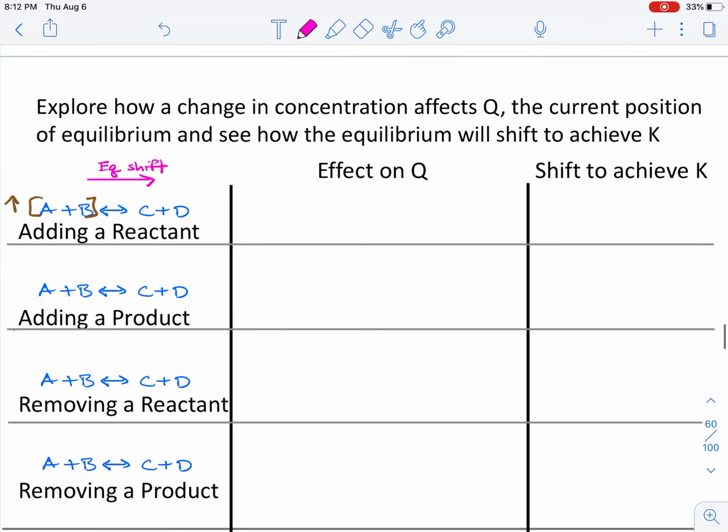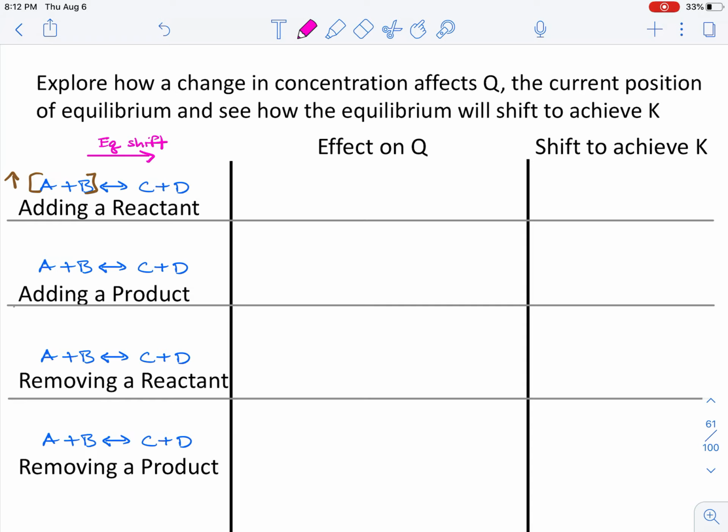And so how does this translate with respect to Q and K? Once again, I'm going to keep this as simple as possible. Remember that the equilibrium is shifting to the right.